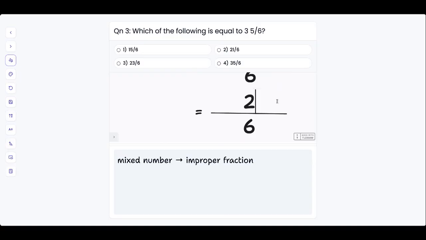So the answer to this question is 23 over 6, so it's option number 3. All right, let's move on to the next question.